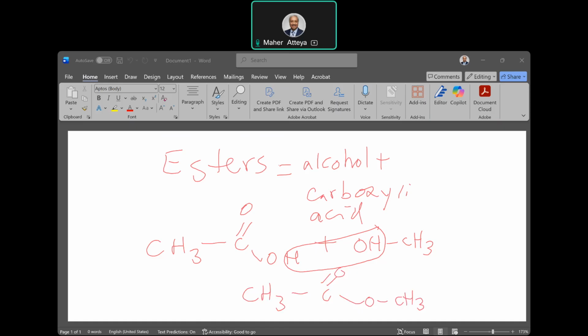So this is the O here. Because you have the combination of an acid and an alcohol, it will be called methyl ethanoate. From the alcohol, methanol, you take the methyl.